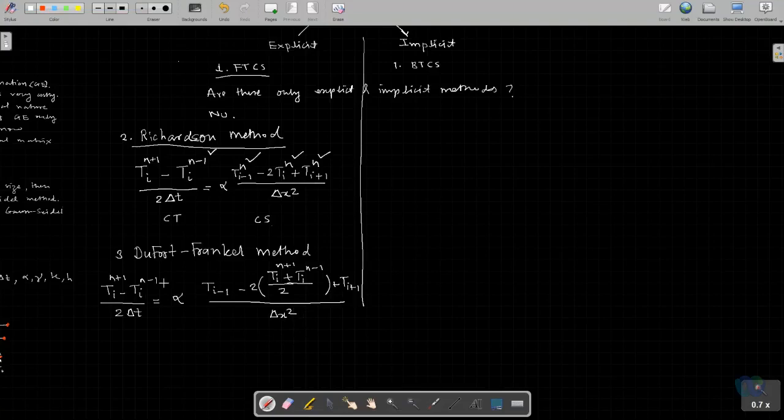So here, is this explicit or implicit? Now you see there is one n plus 1, and there is another n plus 1. So how many unknowns are there?